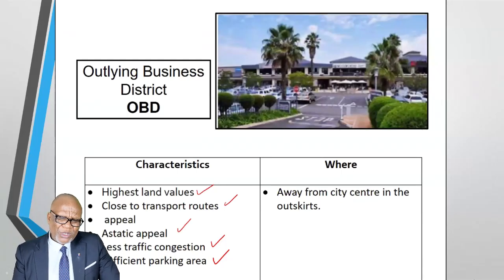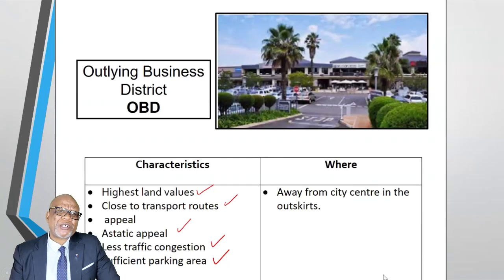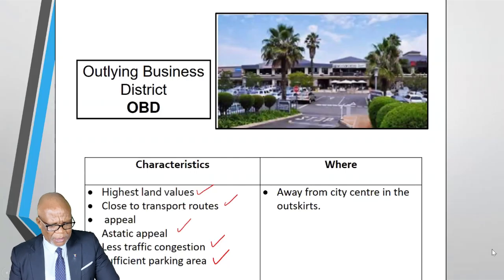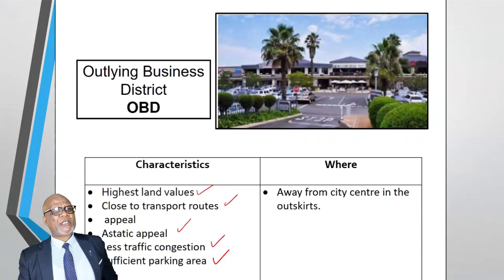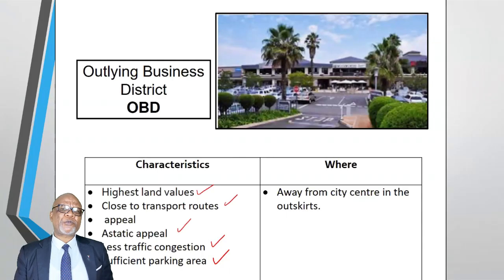So the examiner can ask you a question on the advantages of being in the outlying business district. You must know what the advantages are. It has got an aesthetic appeal. It looks beautiful. It is highly accessible. There is less pollution there in terms of noise pollution.